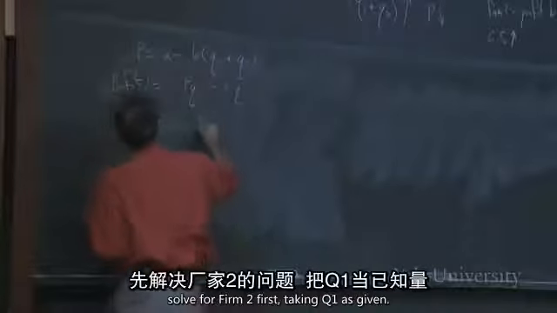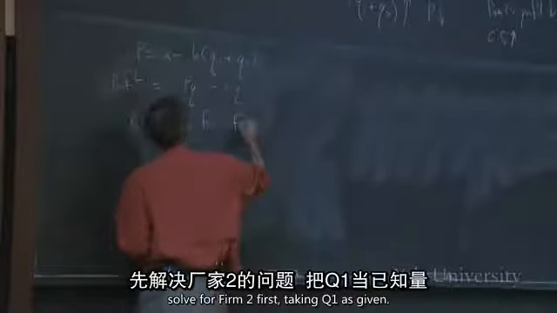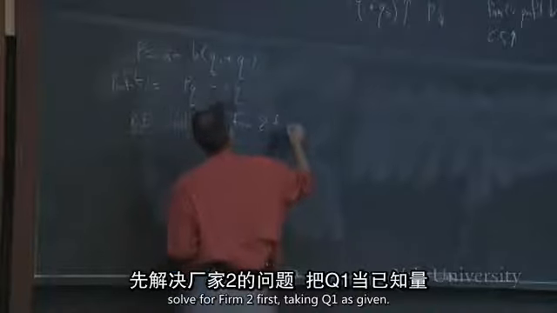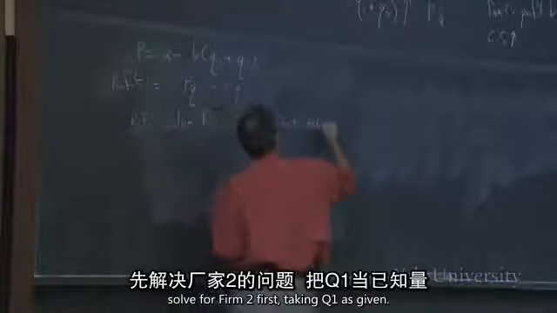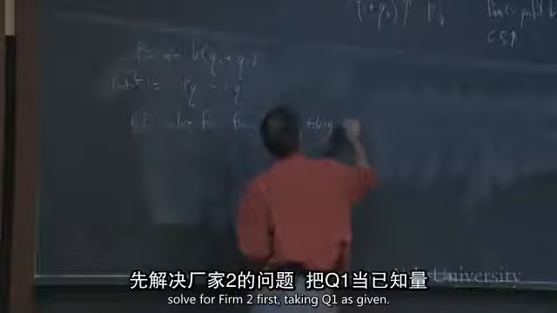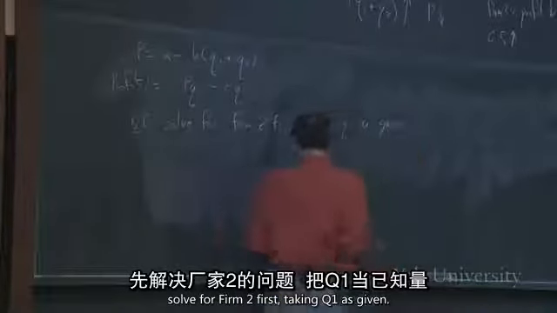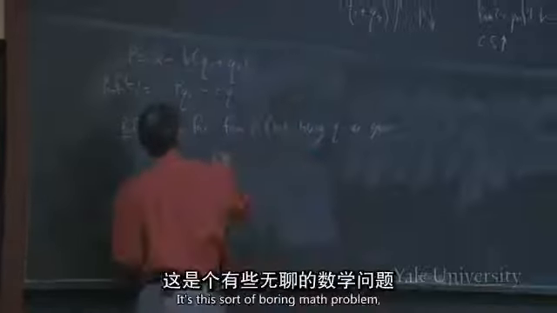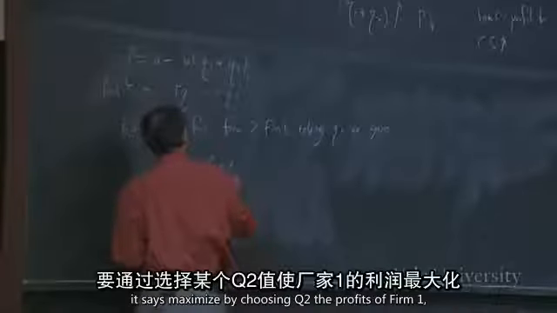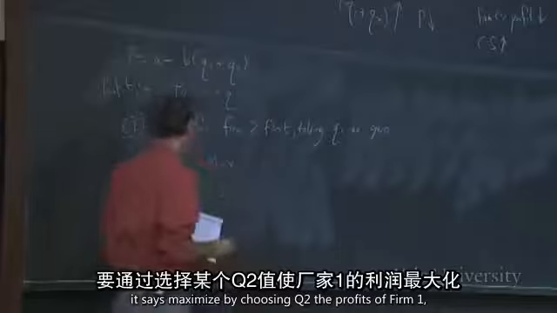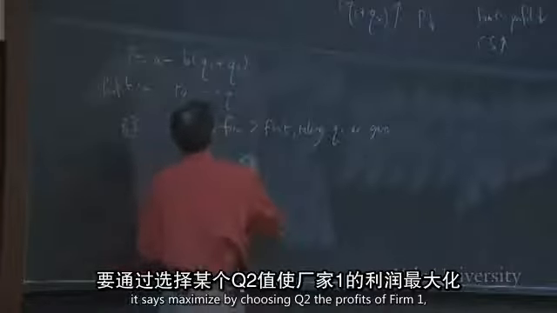So backward induction tells us to solve for firm 2 first, taking Q1 as given. And what is that problem? As a boring math problem, it says maximize, by choosing Q2, the profits of firm 2.